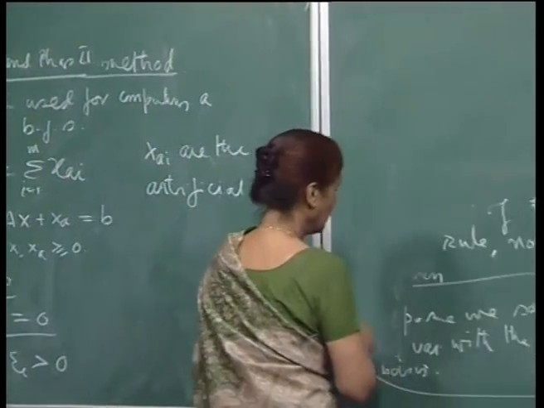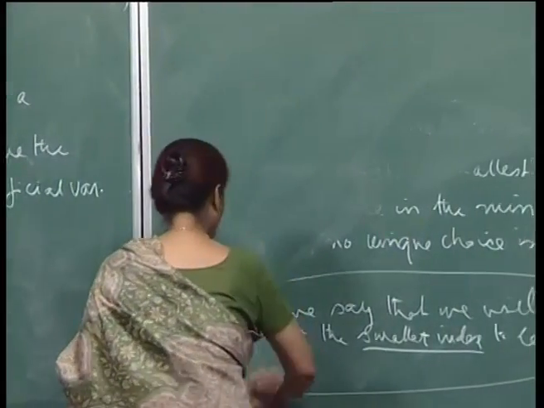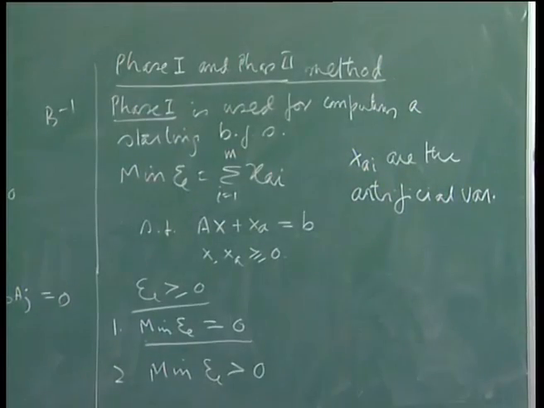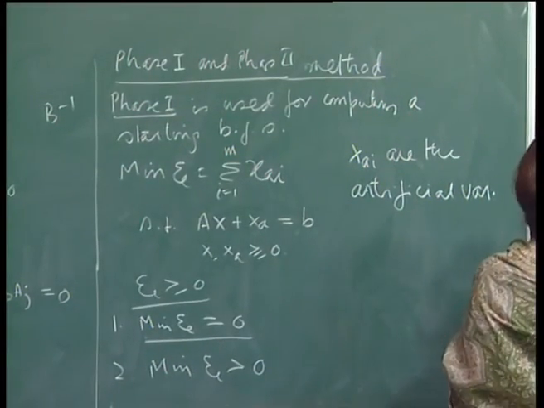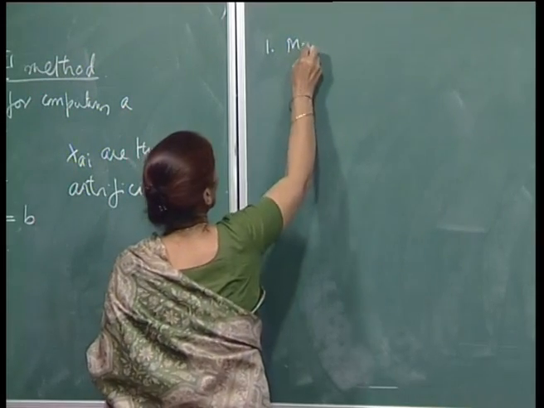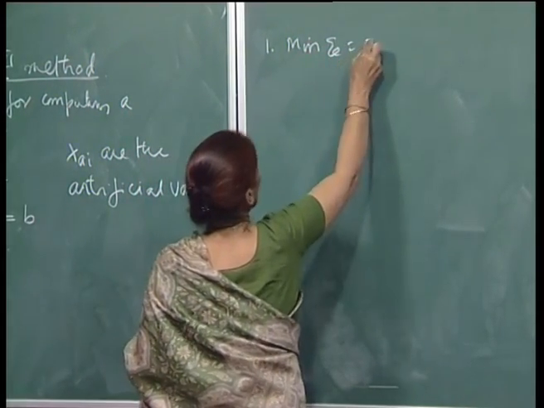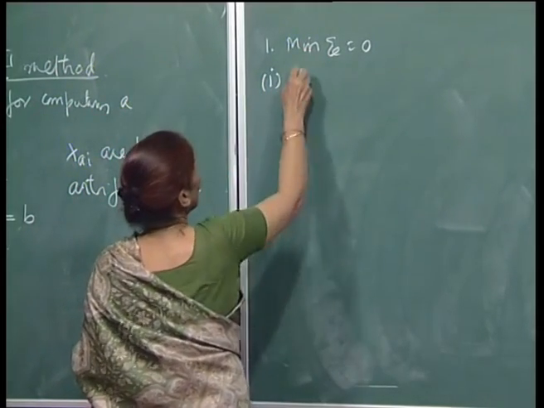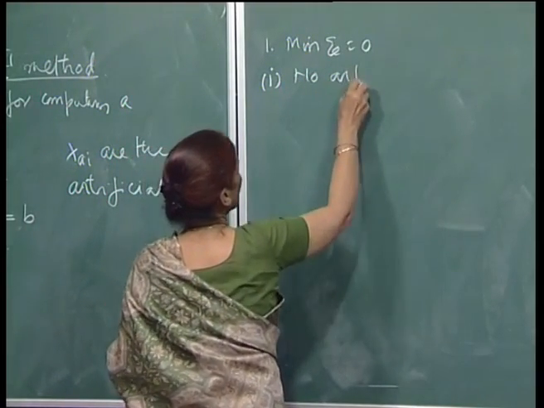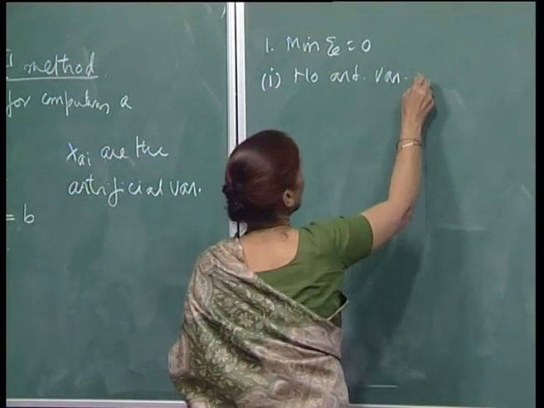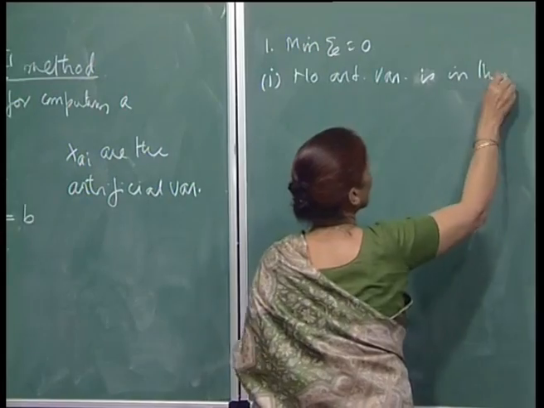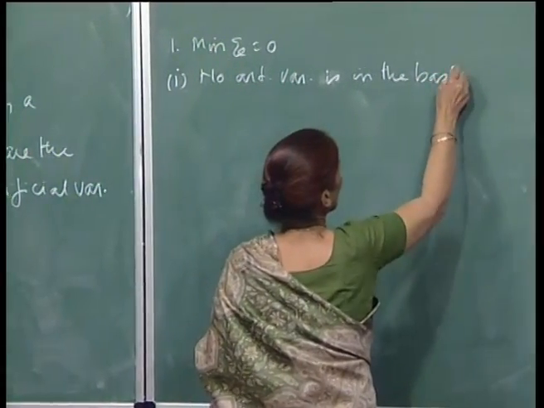Okay. So let's see what can happen when the minimum value of psi is 0. Two things can happen. This is minimum psi is 0. Now, one, no artificial variable is in the basis. Okay.